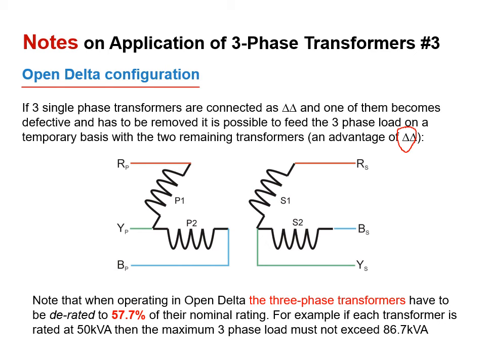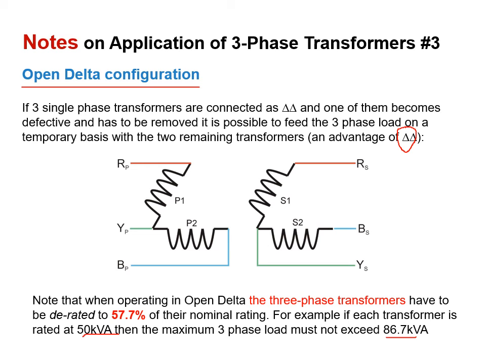There is a note here that when we operate in this open delta configuration, the transformers are derated to 57.7% of their normal rating. For example, if we've got three transformers with 50 kVA rating, then the maximum rating would be 150, and 57.7% of 150 would be 86.7.